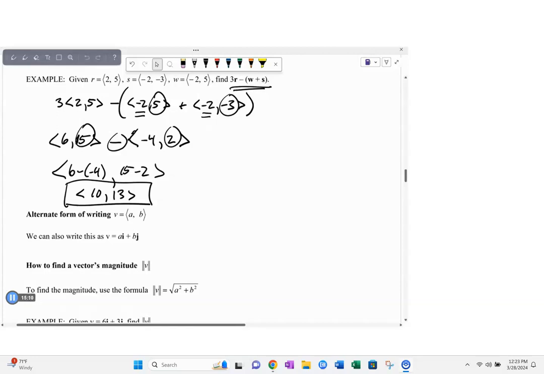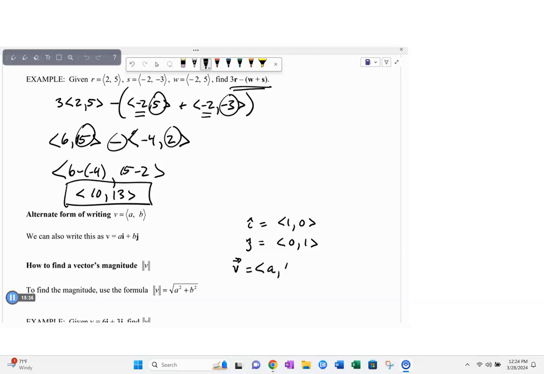If I let i hat be the unit vector 1, 0, that's its horizontal component, and I let j hat be 0, 1, the unit vector in the vertical direction, then if I have the vector v being a, the horizontal component, b being the vertical component, I can express this as a times the horizontal component plus b times the vertical component.